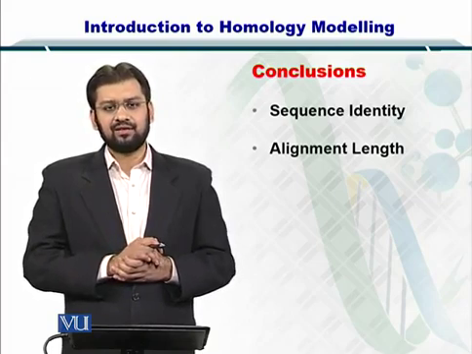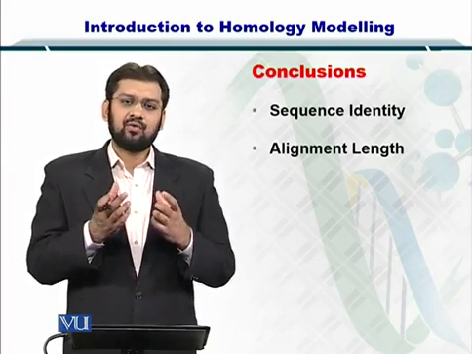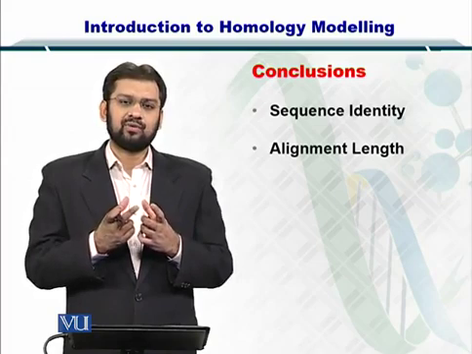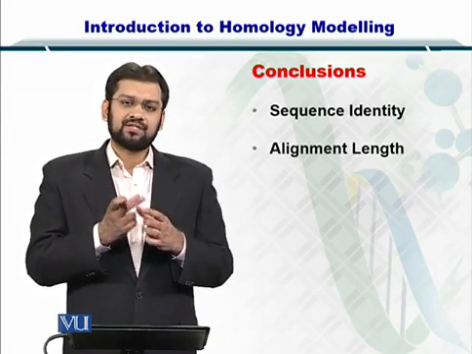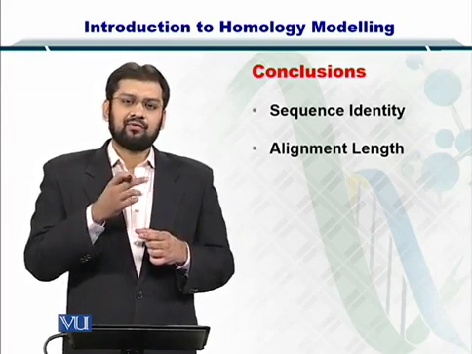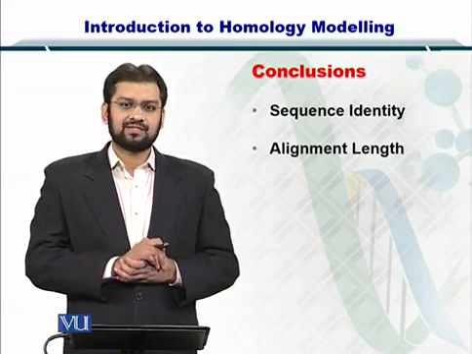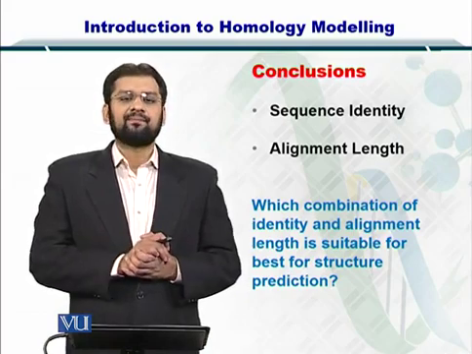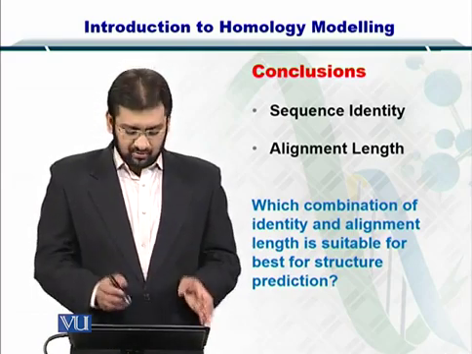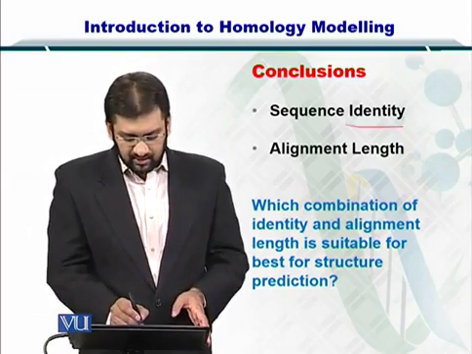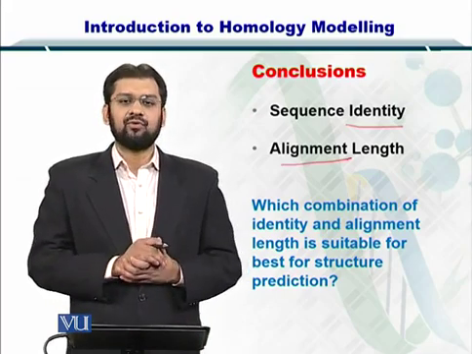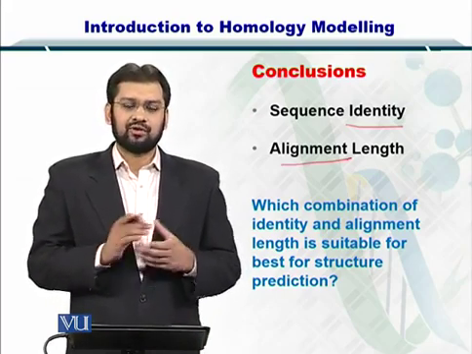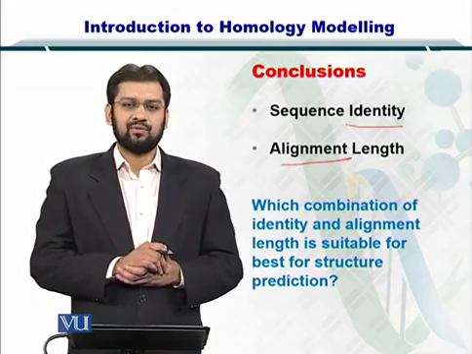Secondly, the alignment length, which means how many regions within the two sequences are matching with each other, which includes gaps and mismatches as well. And lastly, which combination of identity and alignment gives you the best homology? This is a question which we will deal with later.